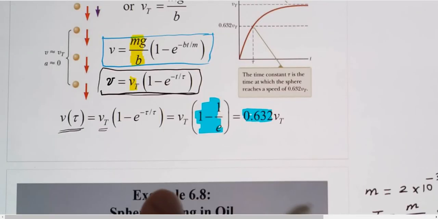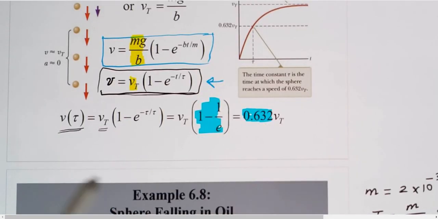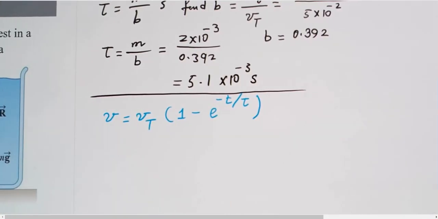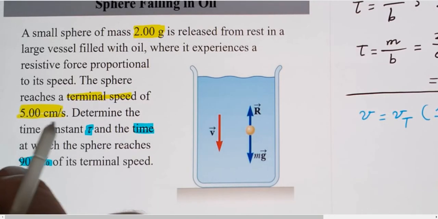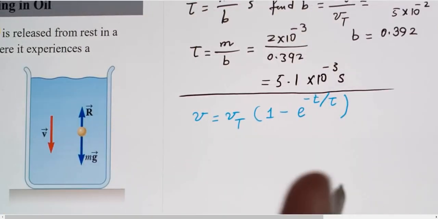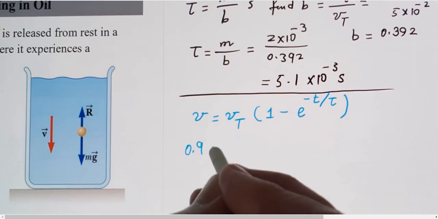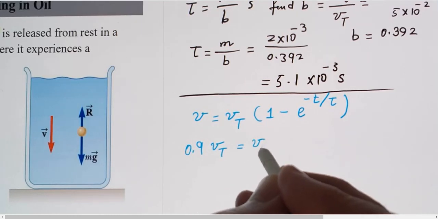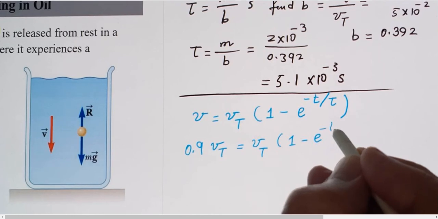From this law. So his question is to find the time when it is 90% of the terminal speed. So that means 0.9 Vt is equal Vt times 1 minus e to the minus t over tau.